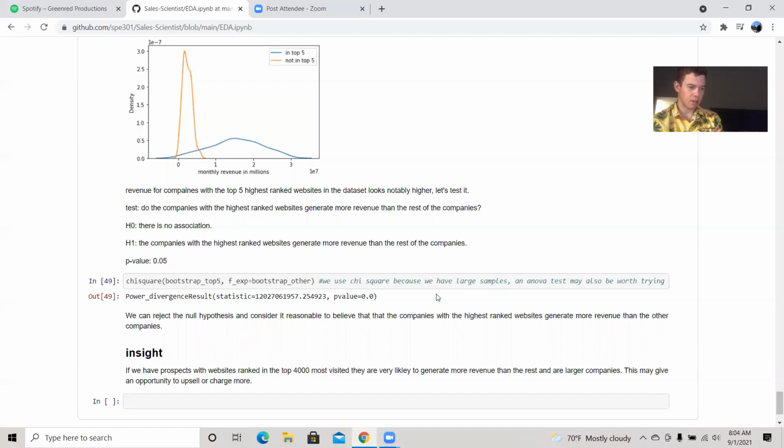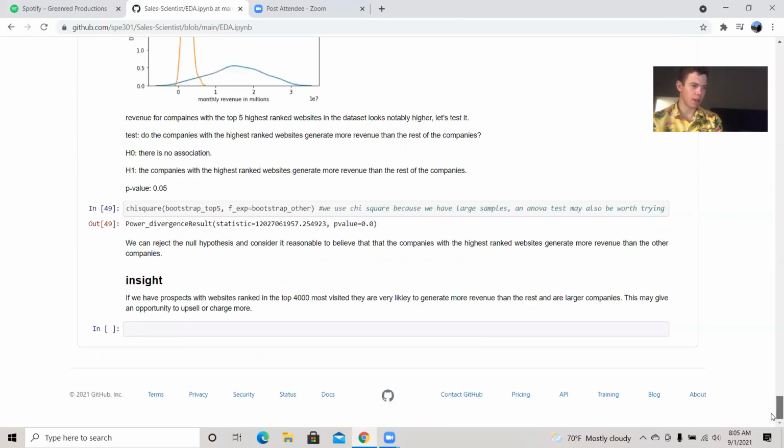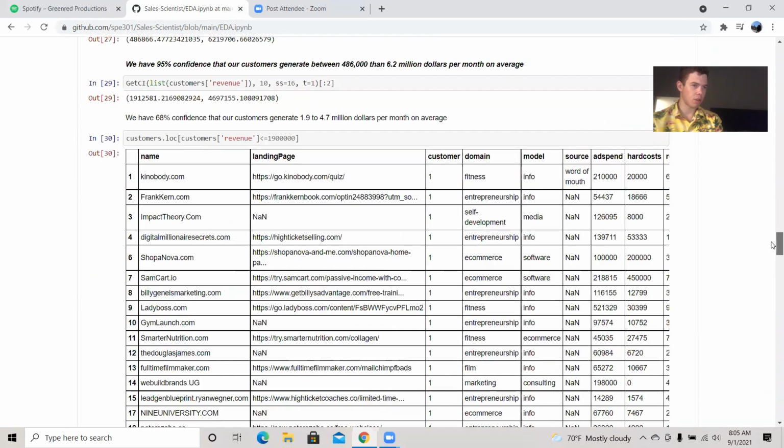The insight here is that companies with sites ranked in the top 4,000 are much more likely to generate much more revenue, and this is an opportunity to upsell or charge more if we find companies in the top 4,000 most visited sites. The source of that data came from the Full Contact API, in case you're curious.